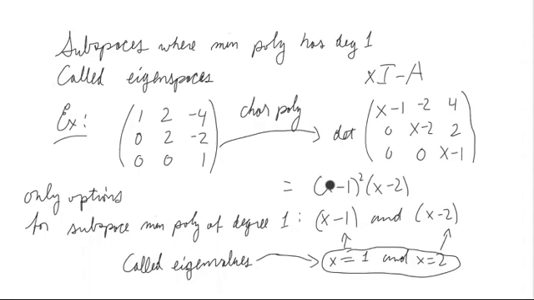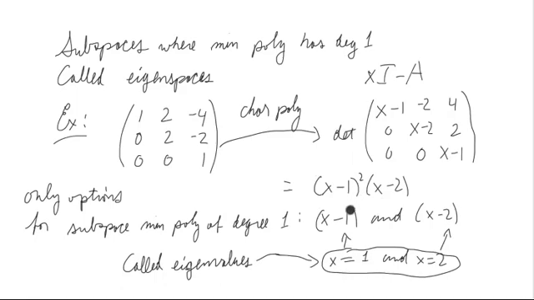So the minimal polynomial, the best we can do, x minus 1 and x minus 2, those are candidates for being minimal polynomials of subspaces of R3. So factors of this, because they could be factors of the minimal polynomial itself. Anything that's equal to 0, polynomial-wise, is going to be a multiple of the minimal polynomial itself.